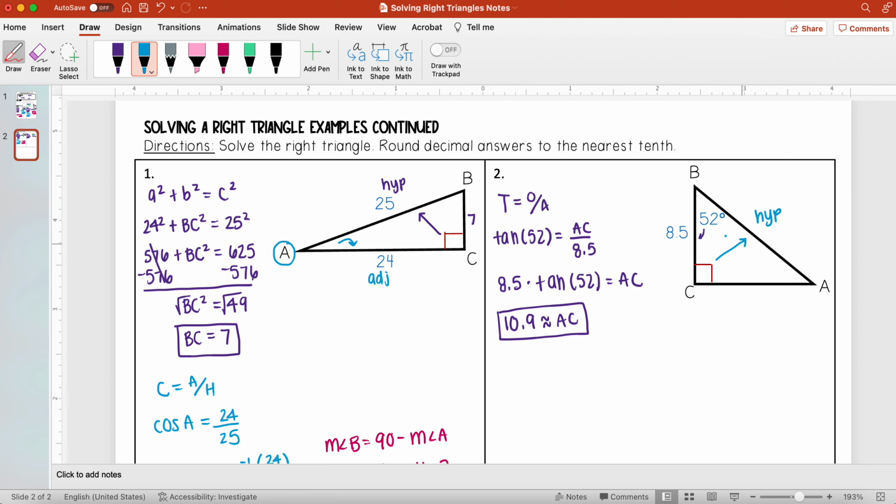AC was an approximation, so I want to make sure I use my 8.5, which is still my adjacent. So go ahead and pause the video. I want you to finish finding side length AB. Remember, think through which trig ratio uses adjacent and hypotenuse, and solve from there. When you think you have it, go ahead and press play.